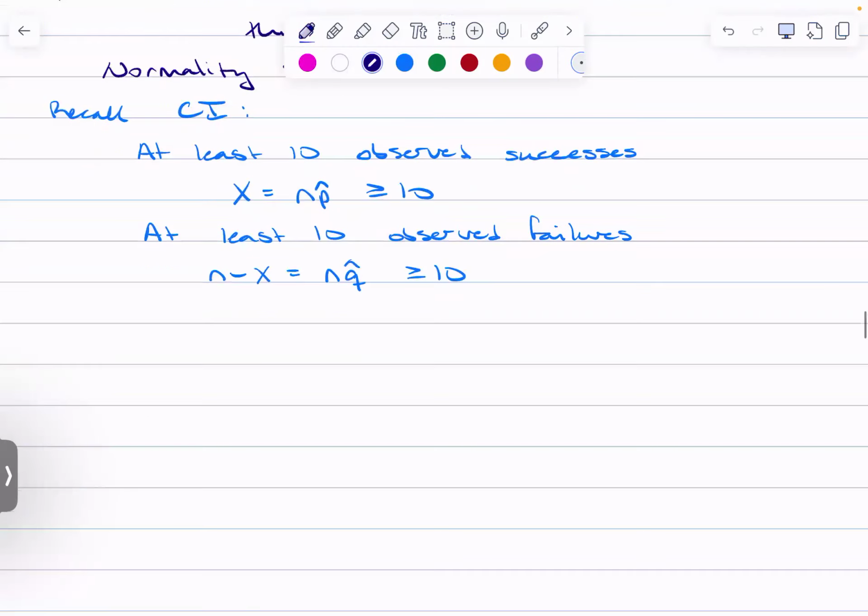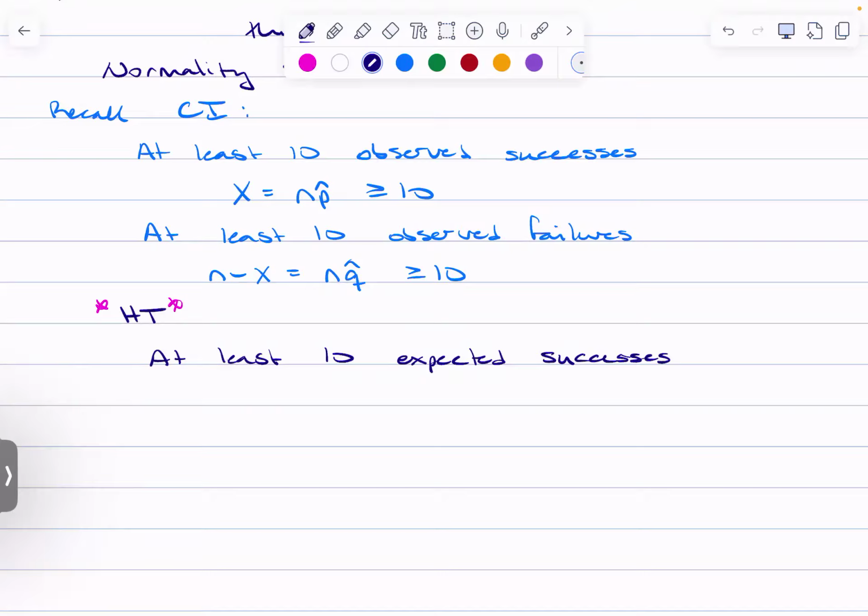Now, for a hypothesis test, we need at least 10 expected successes. So it'll look very similar. But how do we find the expected successes? Well, the expected successes, assuming H naught is true.